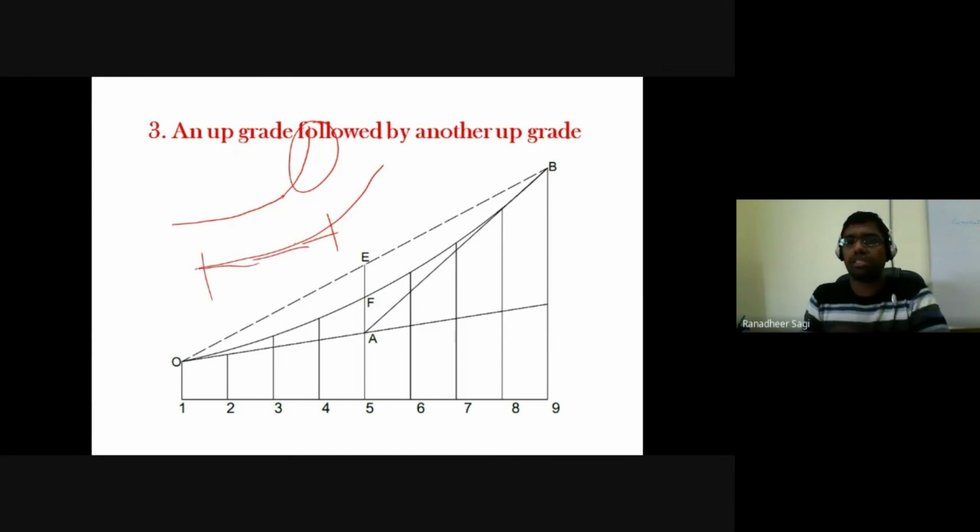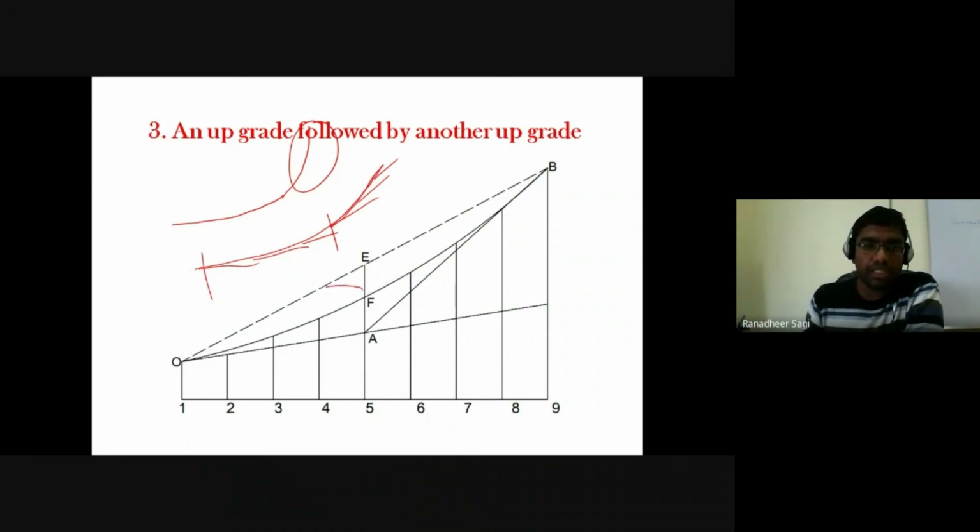In some region the slope is more or less constant, and beyond some portion of the curve the slope is increasing. The slope is still positive, but the rate at which the slope increases is high in one part and relatively low in the other. Such a slope is called an upgrade followed by another upgrade.